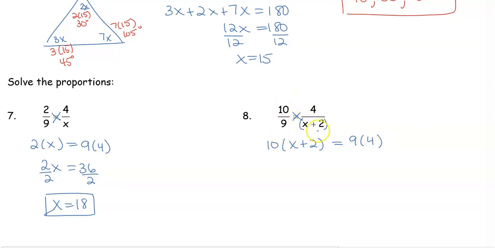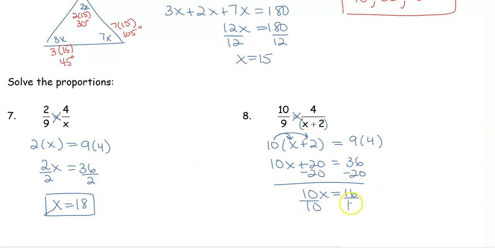The reason why this is going to matter with those parentheses is I am distributing a 10 to both the x and the 2, so that gives us 10x plus 20 equals 36. We move the 20 over. 10x equals 16. Take 16 and divide it by 10, and we get that x is 1.6.